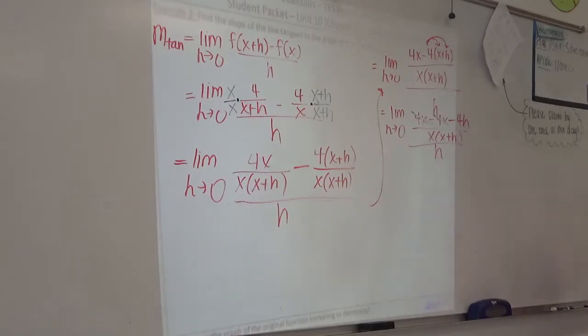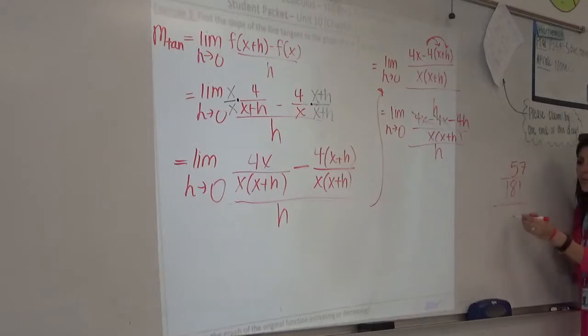So again, let me try to replicate that with real numbers and see if you could help me figure out how we can process this. I'm going to try and come up with a meaty fraction and divide by something pretty straightforward. How about 57 over 181, meaty, right, divided by like 2.